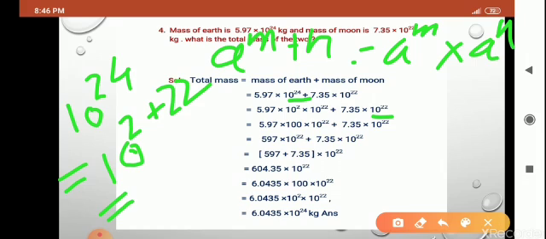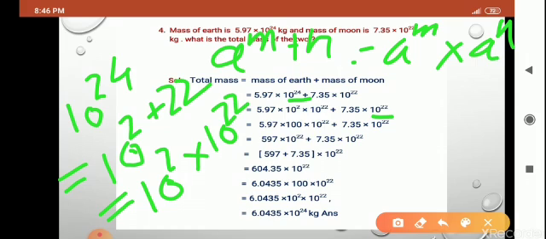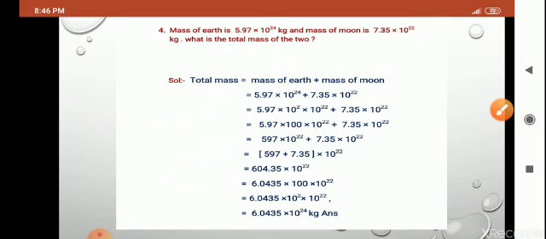So we use it, 10 to the power 2 into 10 to the power 22. Okay, so here we convert it like that. That is 5.97 into 10 to the power 2 into 10 to the power 22 plus 7.35 into 10 to the power 22. Now 10 to the power 2 means 100.